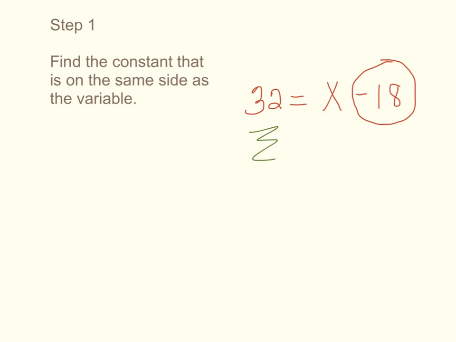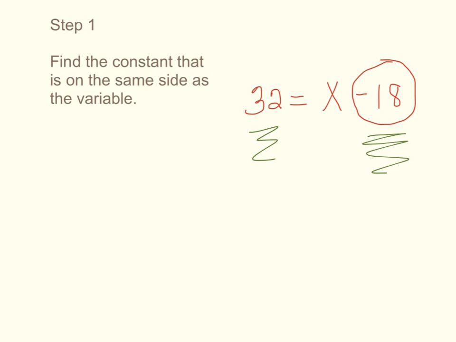However, we have this 18 over here, and it is right next to a variable. It's not attached to the variable, but it's next to the variable. So that's the first thing that we want to do, is to do something so that we can actually get rid of that, and we'll call it a negative 18. We want to get rid of the negative 18 so that the x is all by itself.